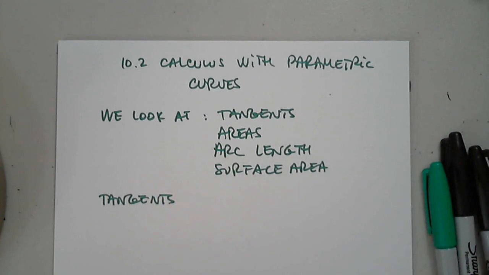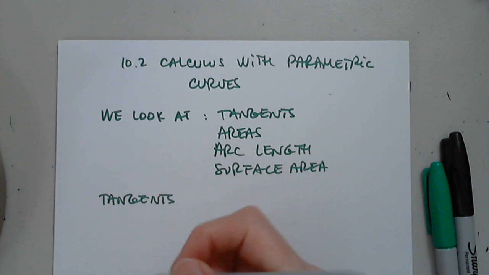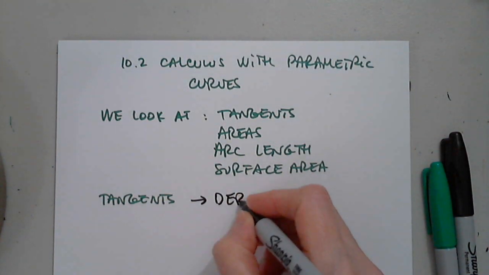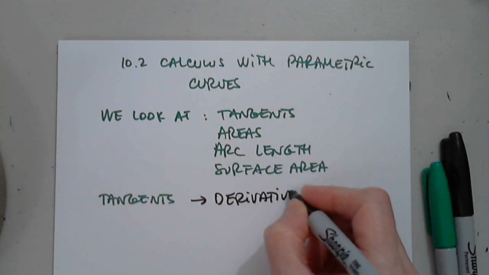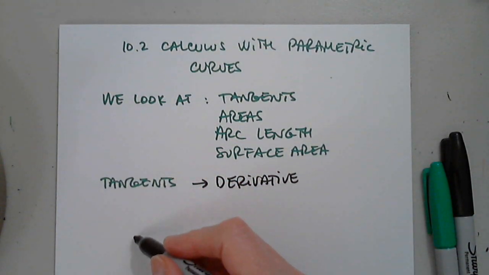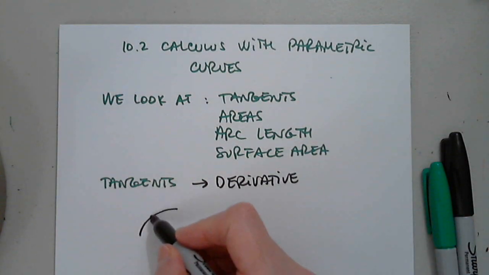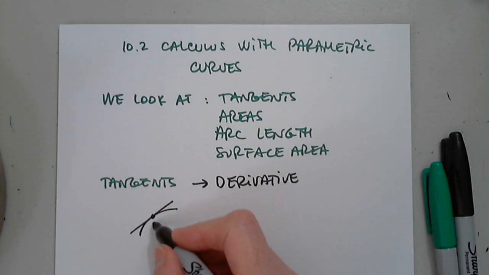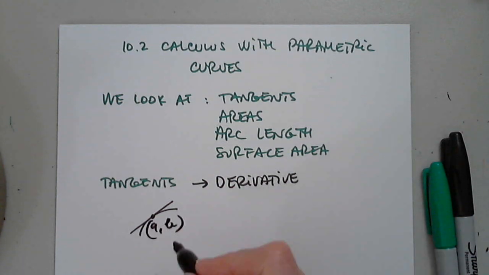Let's start with tangents. And we know that the tangents always involve the derivative. I can determine the tangent line, of course, to a curve, knowing a point, let's say point (a, b), right?